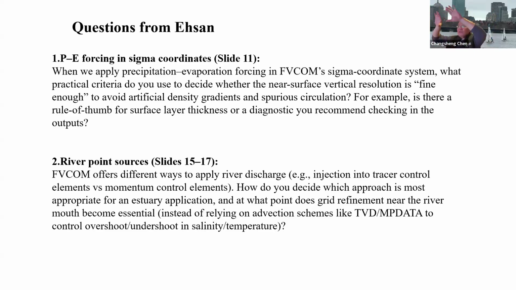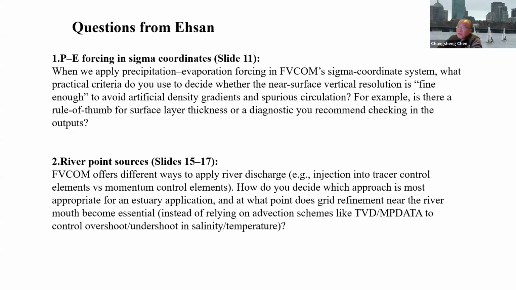But if you put fresh water into a first layer that is not uniform, it can cause sea level gradients. Supposedly, a uniform fresh water precipitation at the surface should not cause any kind of circulation, uniform everywhere. However, if you don't do it carefully, with a sigma coordinate, it can cause a circulation.